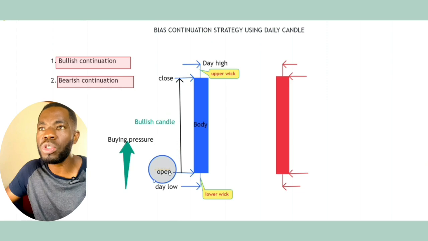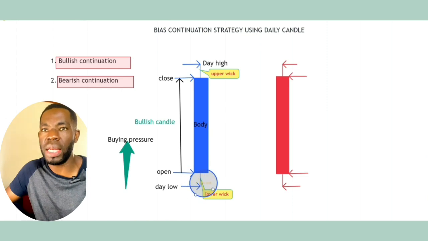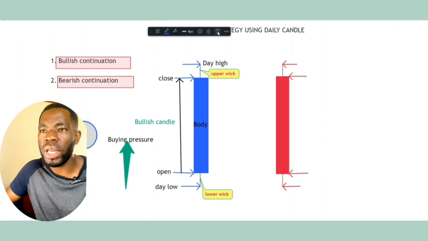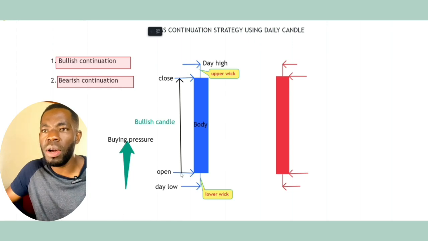But we have these protrusions here, the upper wick and the lower wick. What do those lower wick and upper wick mean? I'll explain. At the beginning of the day, the price opened here, but after opening, the sellers pushed the market a little lower.